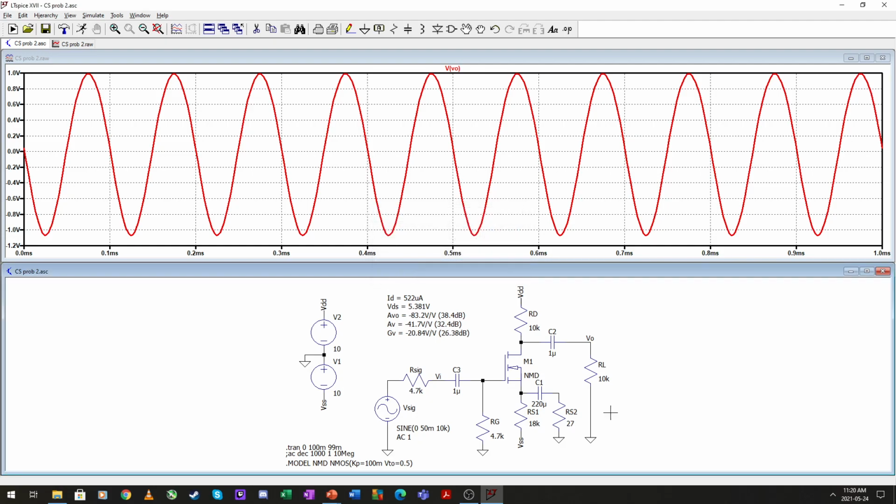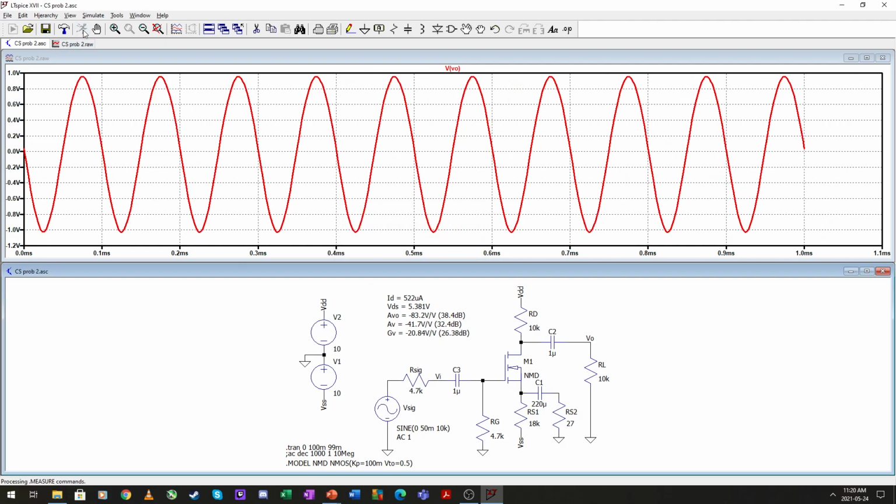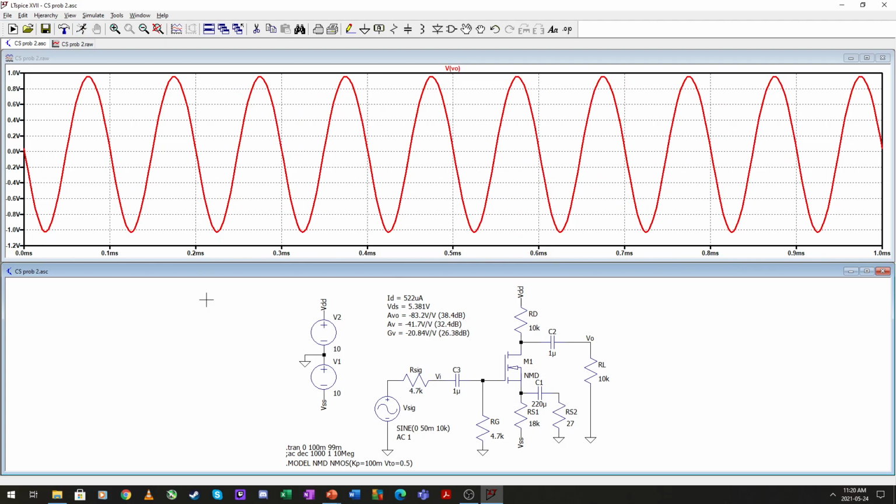I think even if you make this 27, our amplifier will be very close to the values that we intended in our design initially. So 50 times 20 should be roughly our 1 volt output.